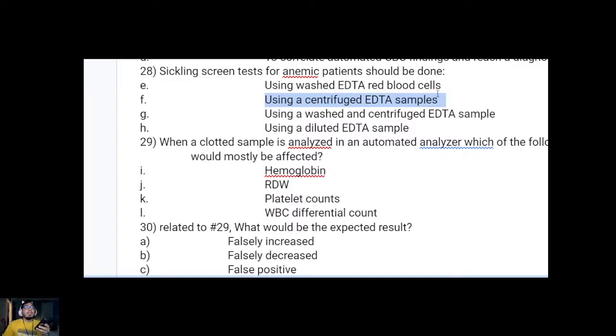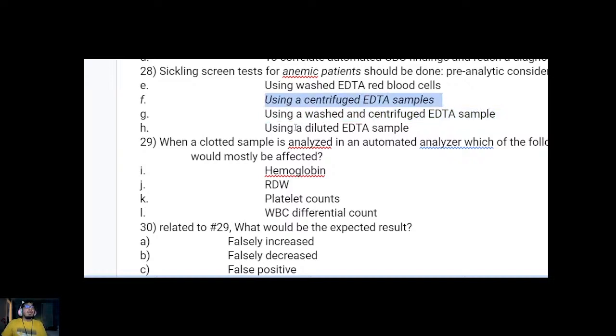So, ibig sabihin, pag ginawa mo, magkakaroon ka ng false negative results, di ba? Anemic patients. So, this is a pre-analytic consideration. You can see that in your books. That's a pre-analytic consideration.